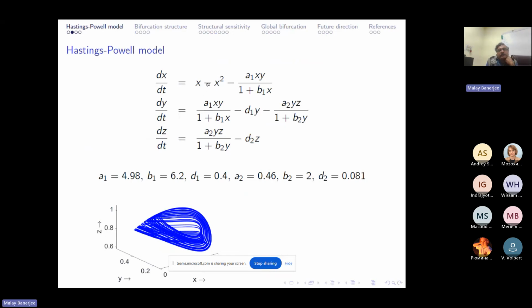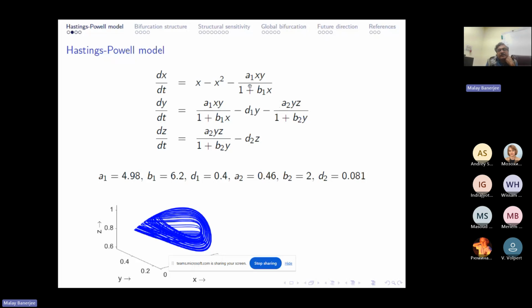It is assumed that in the absence of the middle predator, the prey population follows a logistic growth law. So in dimensionless variables, it comes out to be x minus x squared, and grazing of prey by the middle predator and grazing of the middle predator by the top predator follow the same type of functional response. I'm not saying the same functional response, rather the same type of functional response.